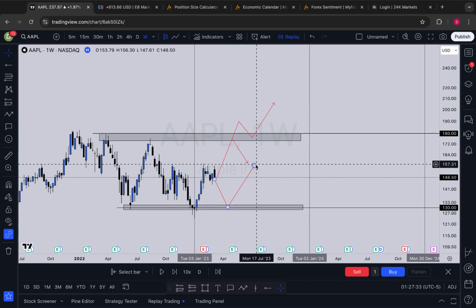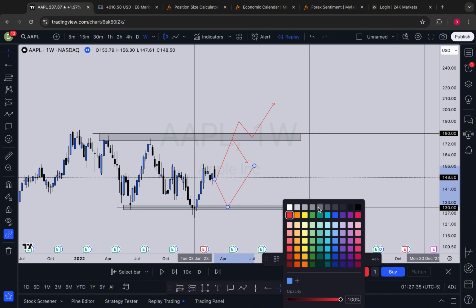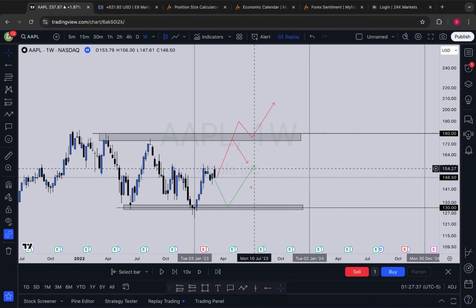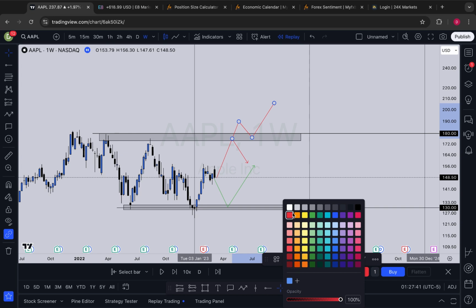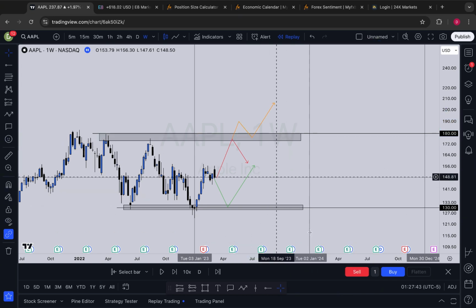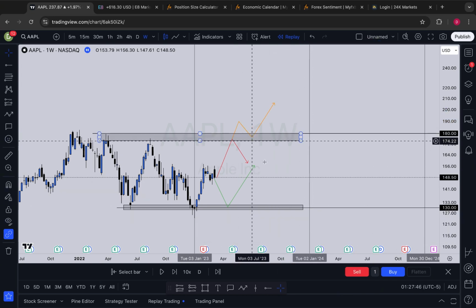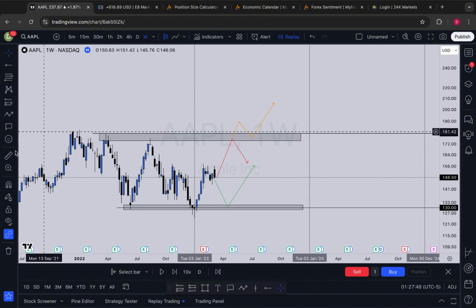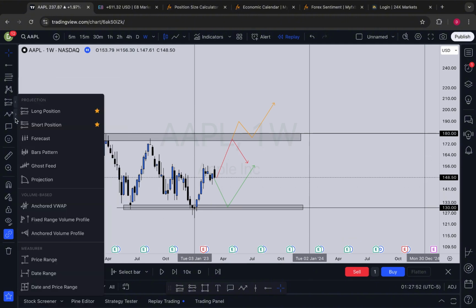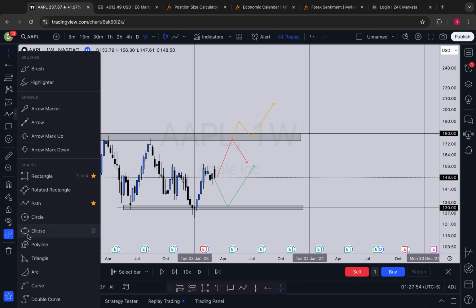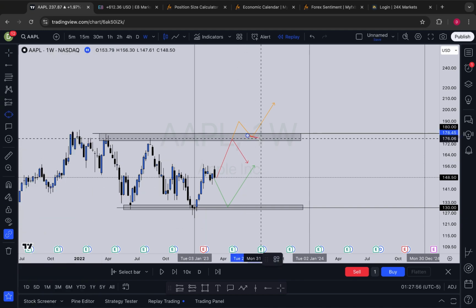So I'm going to draw this in green. This is what we want. This is what we don't want. And then this is option 2 in orange. And then I'll put a little circle somewhere where we would put our money in. And boom, bam. Why is that red? That's so horrendous.